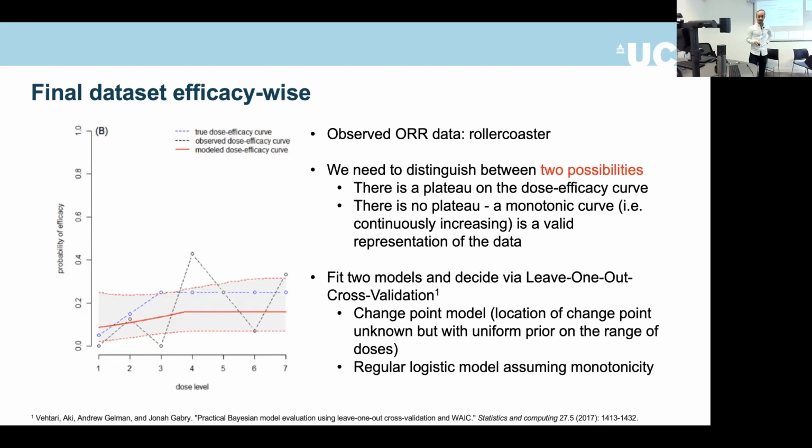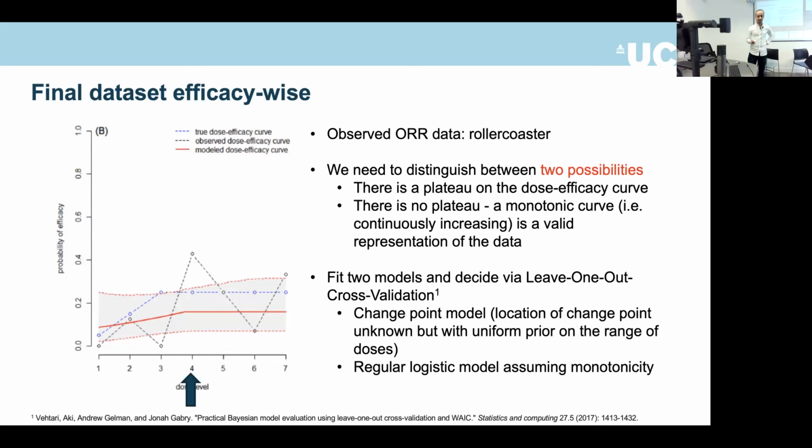So what strategy have we proposed in this case? Well, we fit two models, and then we decide which one represents the data best via leave-one-out cross-validation. We fit a change point model, where the location of the change point is unknown but has a uniform prior on the range, or a regular logistic model assuming monotonicity.